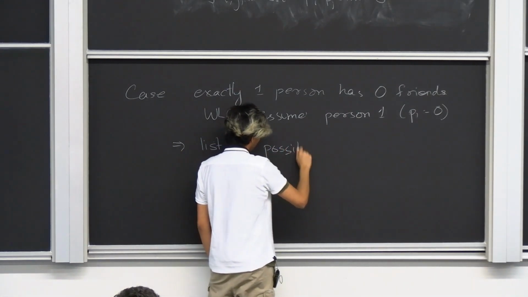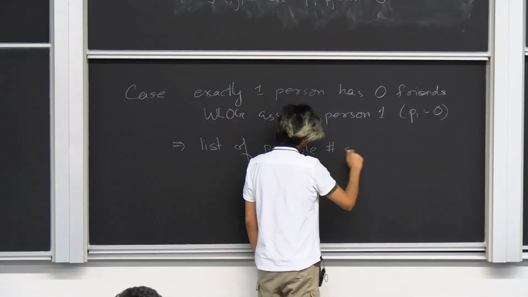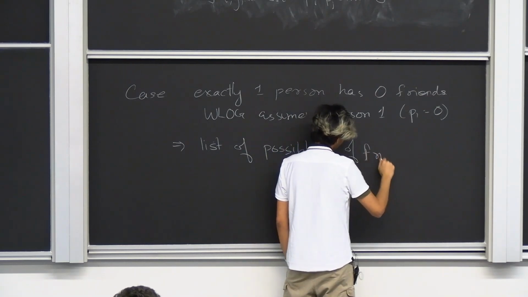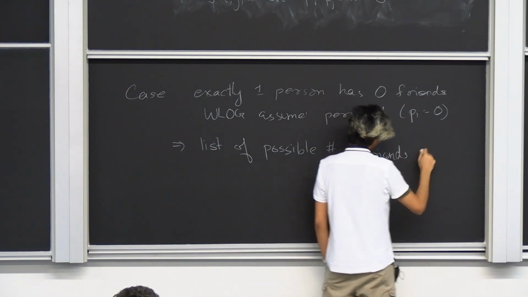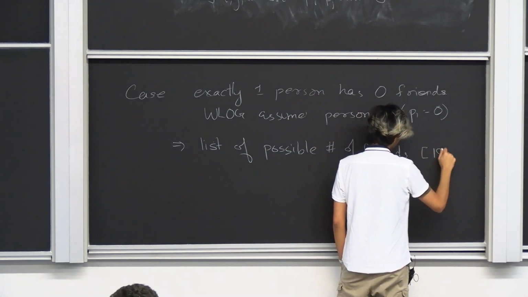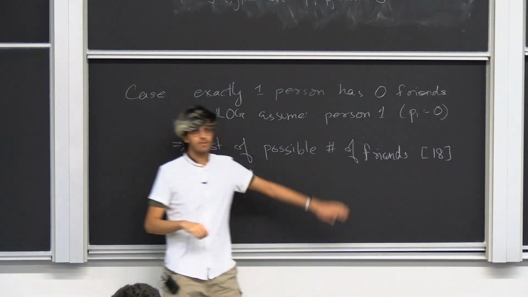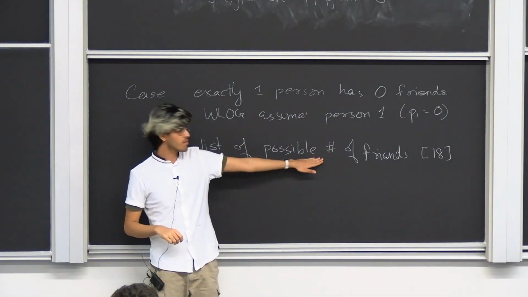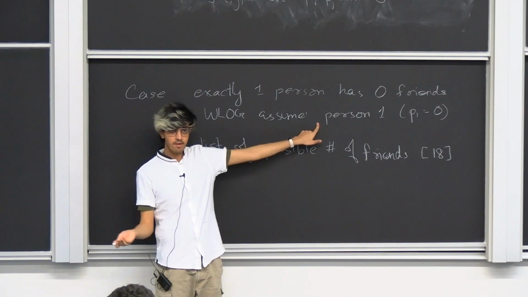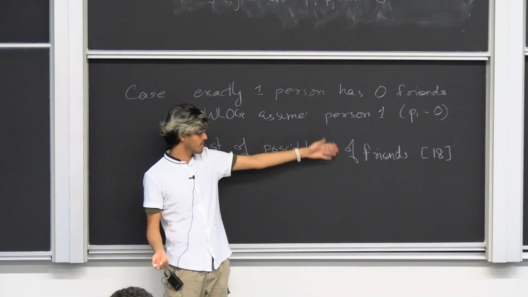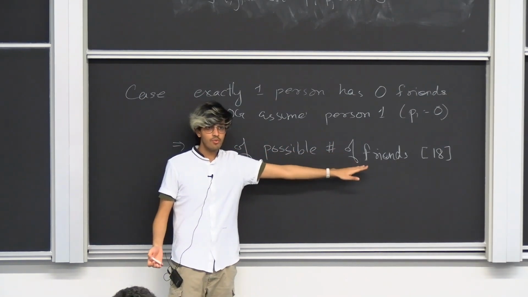The list of possible numbers of friends is 1 through 18 for the rest of the people. How many are there except person 1? 19 of them. And out of them, they can only have 1 through 18.